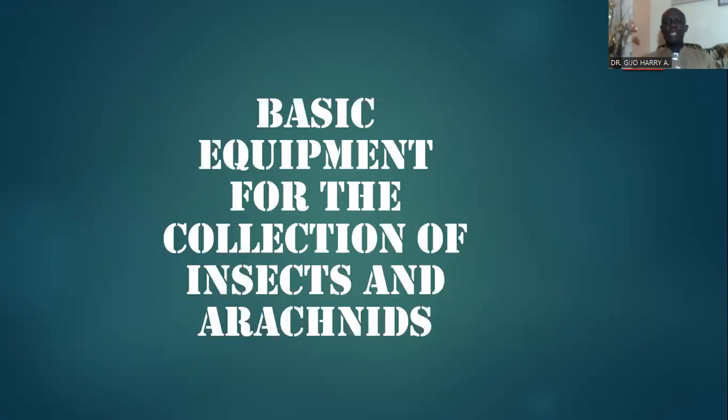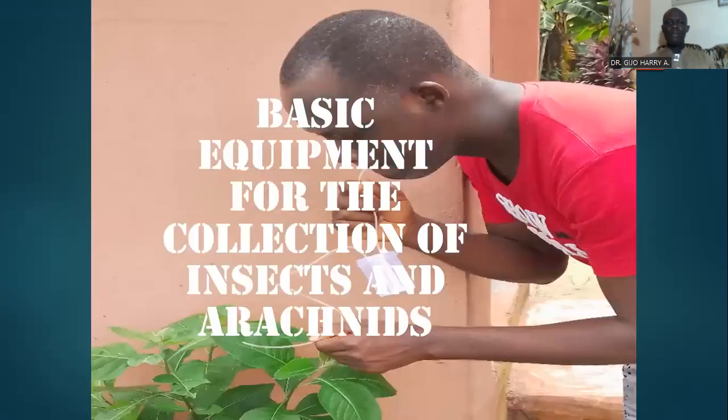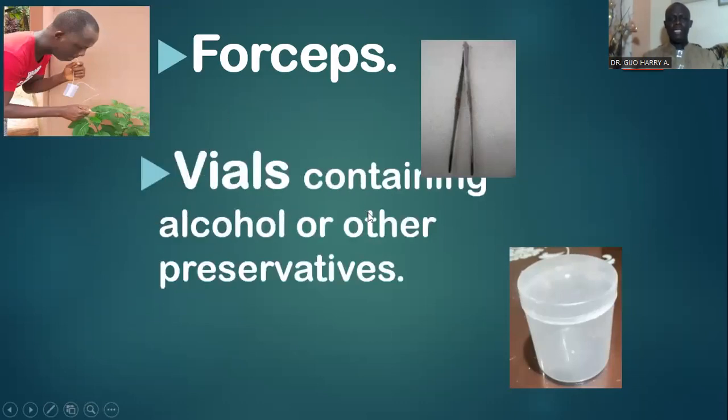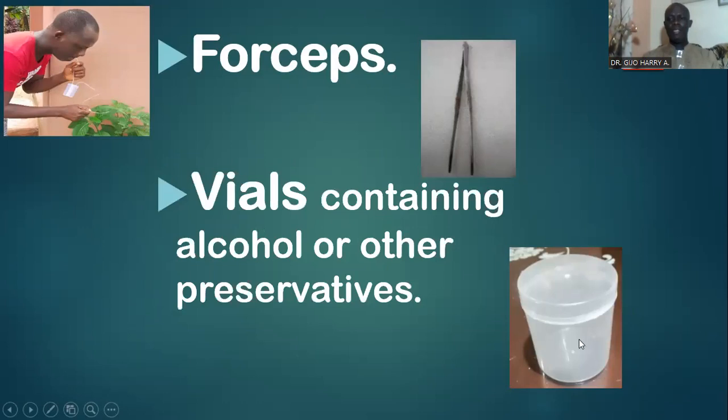Now I want to look at the basic equipment for the collection of insects and arachnids. Which equipment do you need to collect these organisms? The equipment includes: 1. Forceps, which are used for the collection of insects. We also need vials containing alcohol or other preservatives.